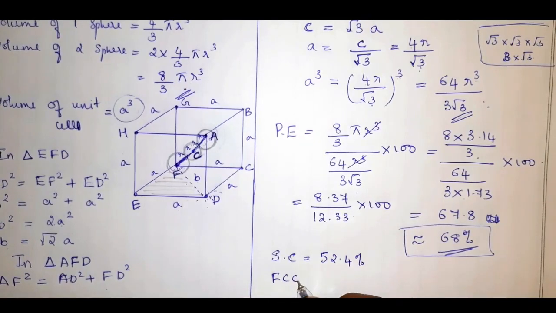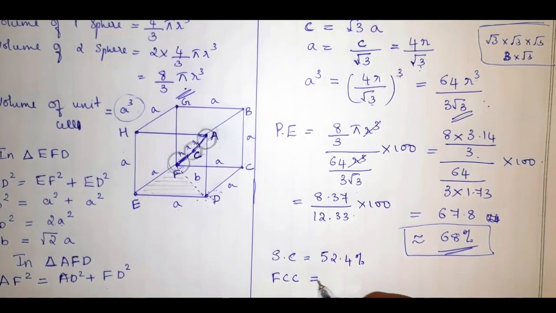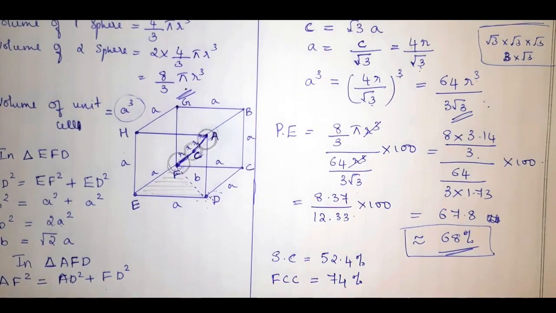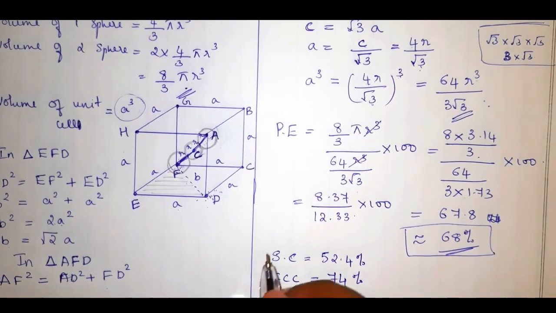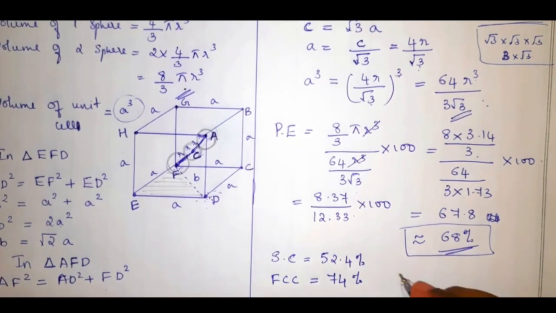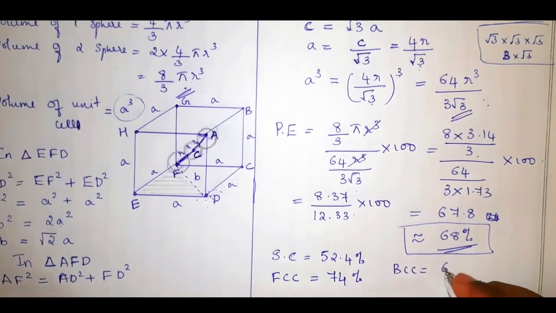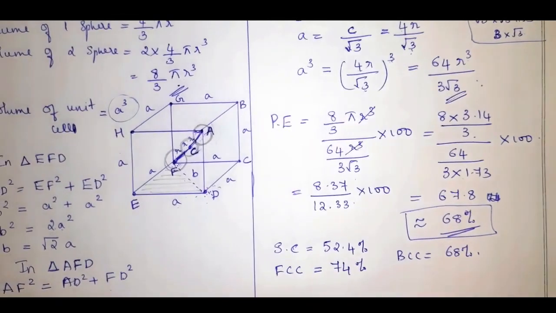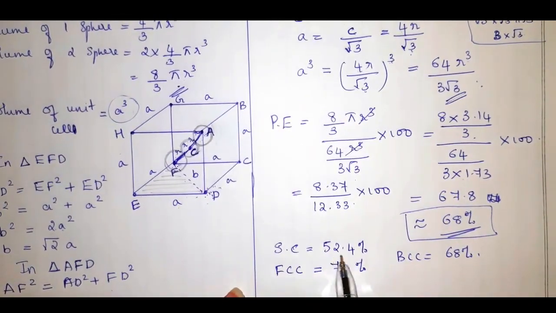When you calculated FCC, it was 74%, and BCC was 68%. So you have calculated three packing efficiencies: simple cube 52.4%, FCC 74%, and BCC 68%.